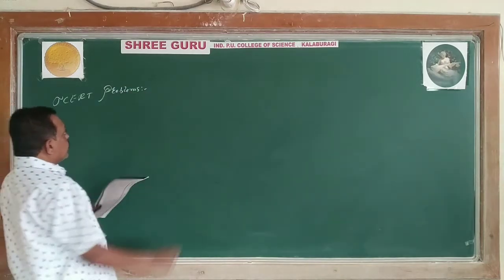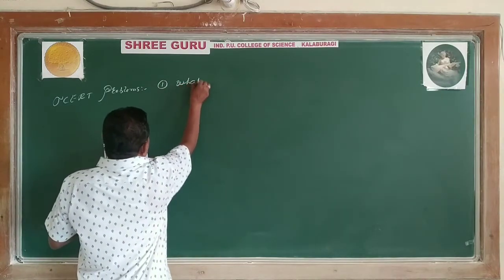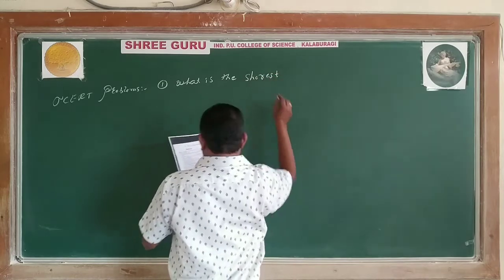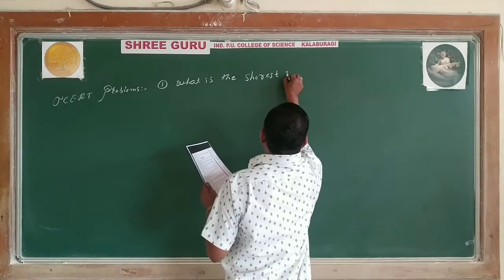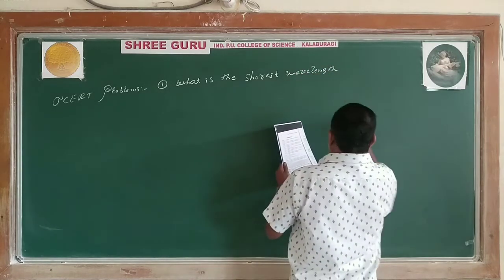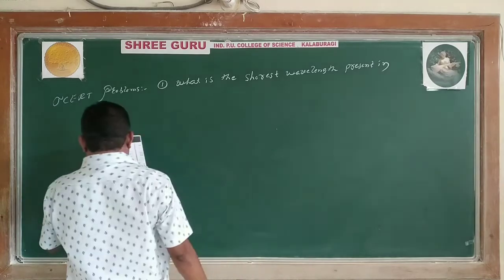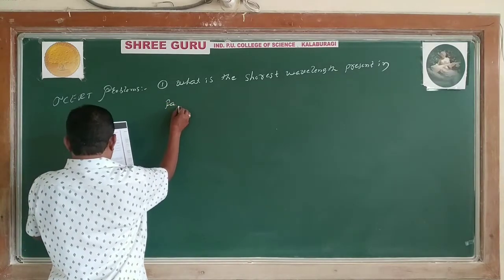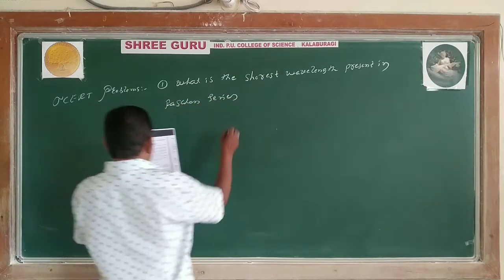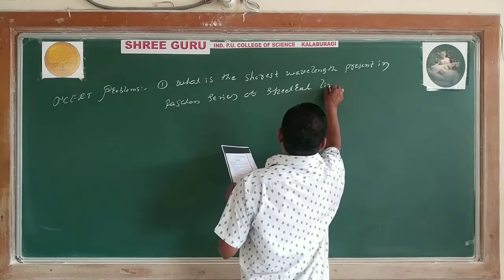Look, first problem. What is the shortest wavelength present in the Paschen series of spectral lines?